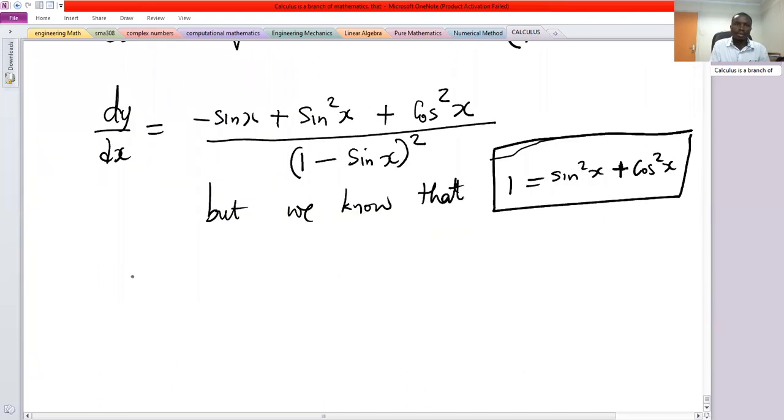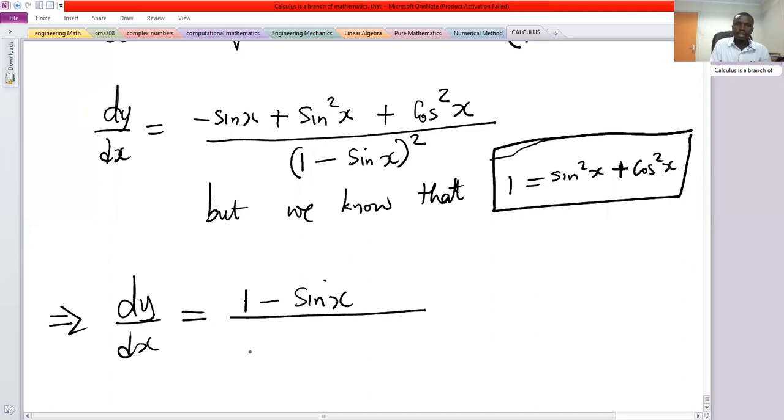So this implies dy dx will be, now this will be 1, so 1 minus sine x. Denominator can be written as 1 minus sine x times another 1 minus sine x to get that square.